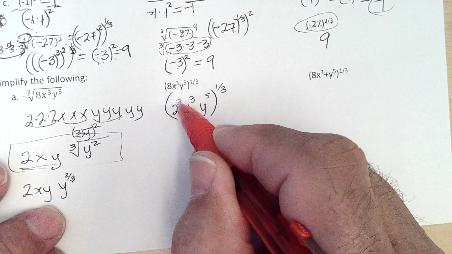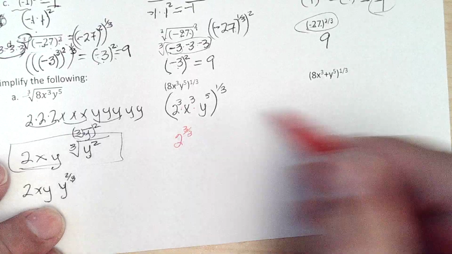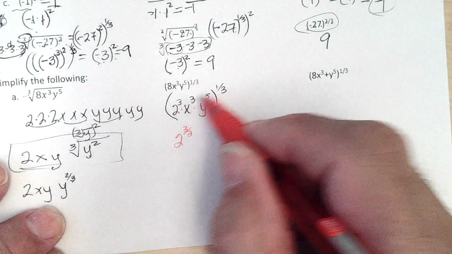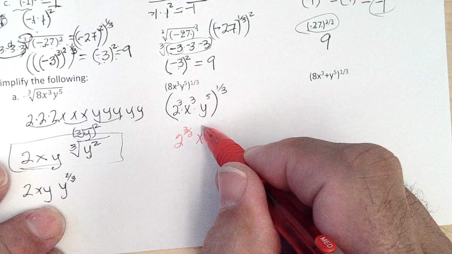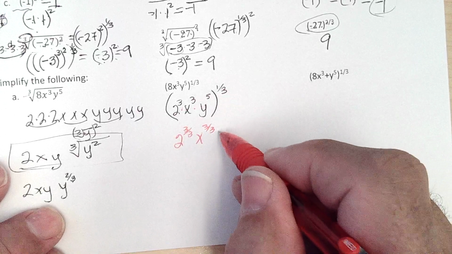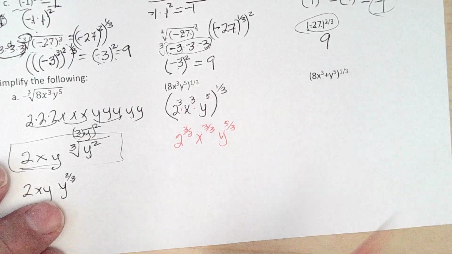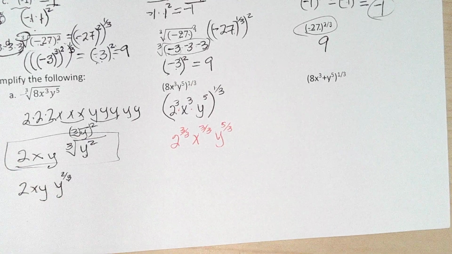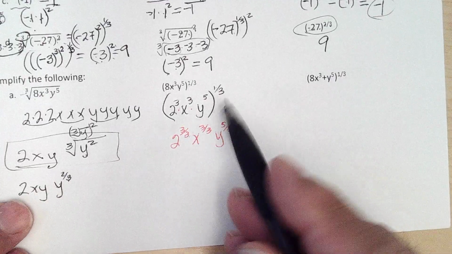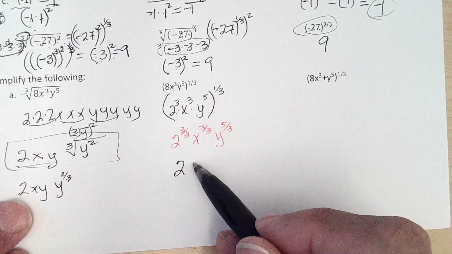So 3 times 1/3 is 2 to the 3/3. 3 times 1/3 is x to the 3/3. 5 times 1/3 is y to the 5/3. And 3/3 is 1, so this is just 2. X to the 1 is just x.